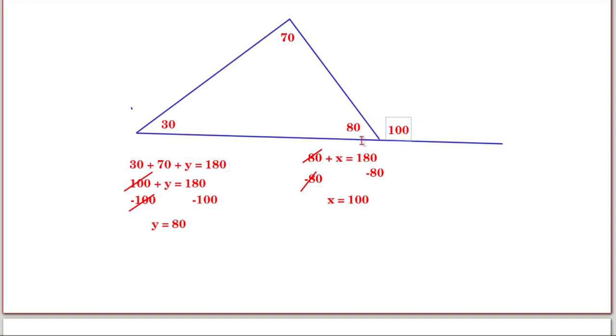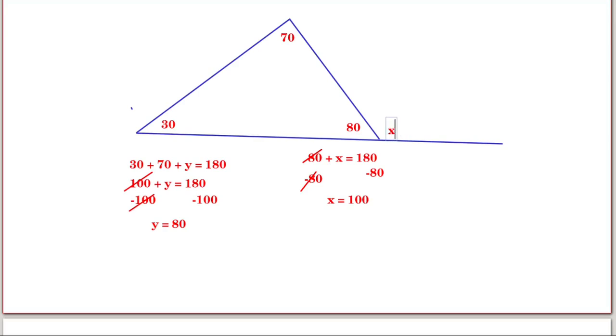So instead of wasting time first finding this and then finding that, there is a theorem which says the exterior angle of a triangle is equal to the sum of the interior opposite angles.